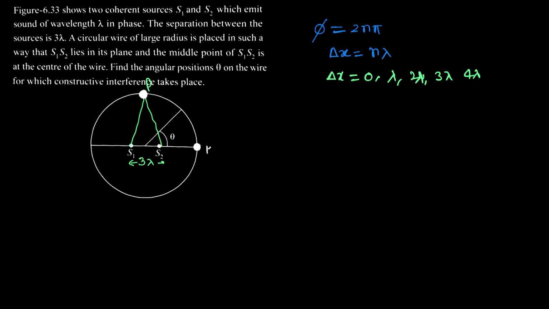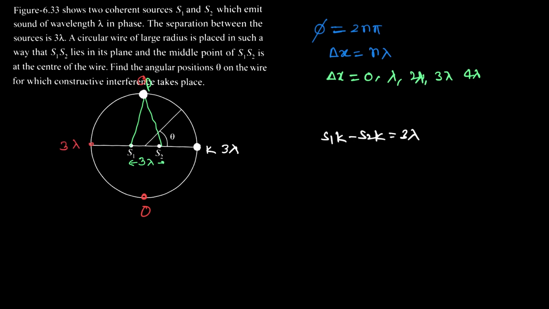Why? Because S1K minus S2K will be equal to 3 lambda. So here the path difference is 3 lambda and at this point it's 0. Here also the path difference will be 0 by the same logic, and here the path difference will be 3 lambda.